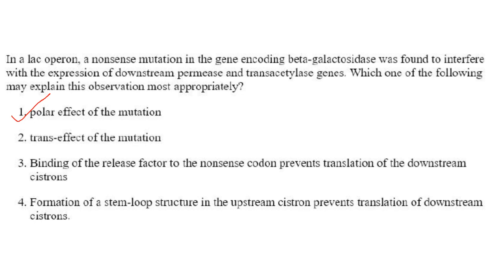Which one of the following may explain this observation most appropriately? Such an effect, that is, a mutation that affects transcription or translation of a part of the gene or operon downstream to the mutant site, is called polar mutation. So the answer here is option 1, polar effect of the mutation.